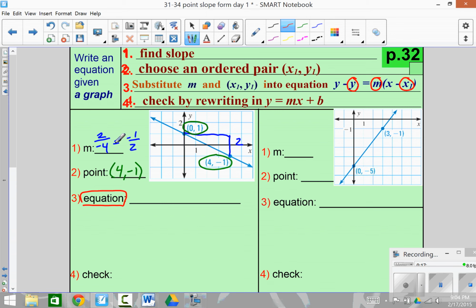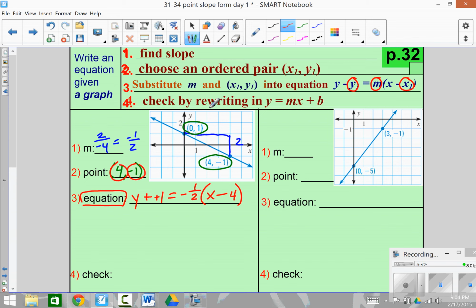So I have y minus my y1, which is negative 1, so it's the same thing as plus 1, equals negative 1/2, parentheses, x minus my x1. There's my equation in point slope form.